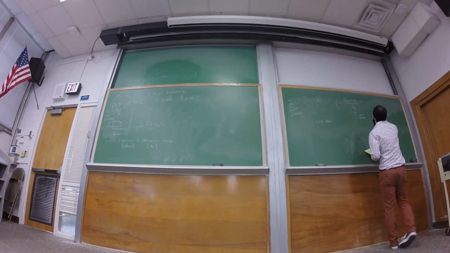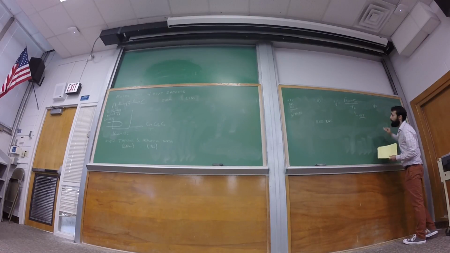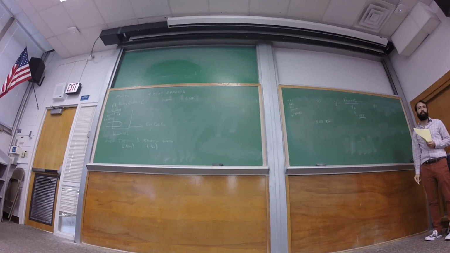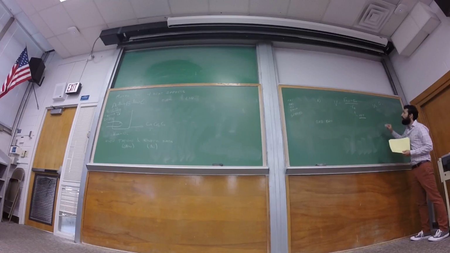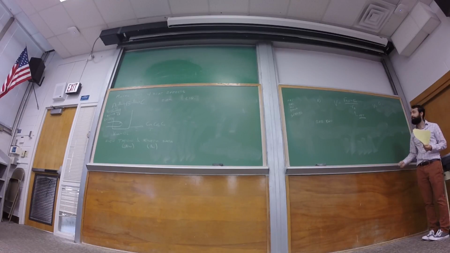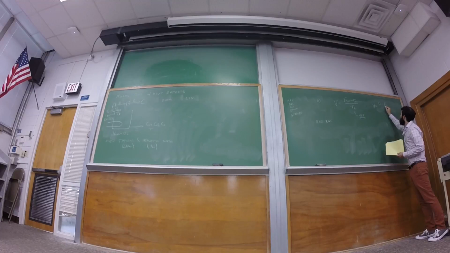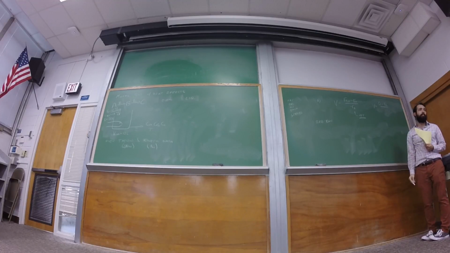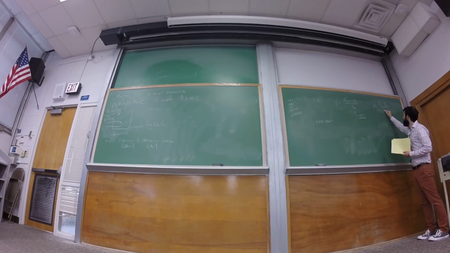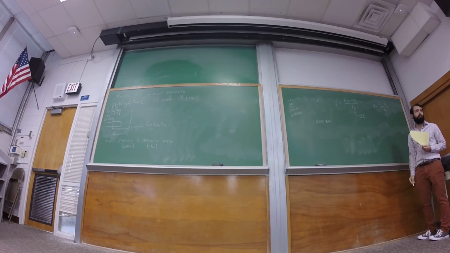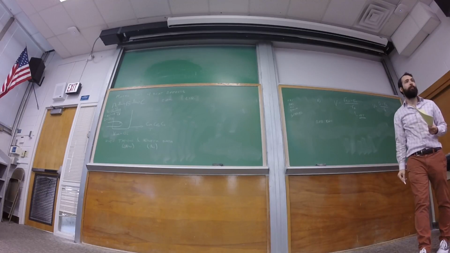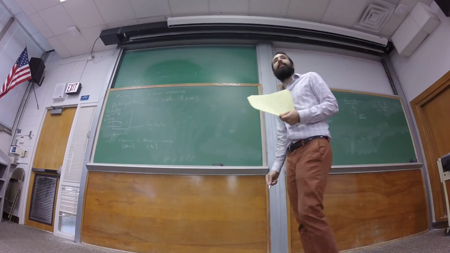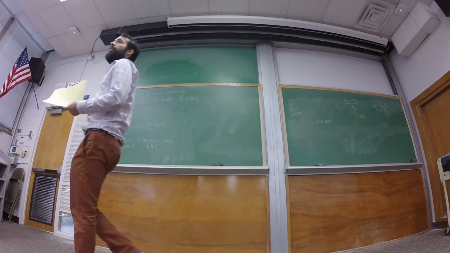What is the material balance for species B? What's the flow into the system of species B? What's the flow out? FB. And then what's the rate? Is that right? But is it negative RB or is it just RB?